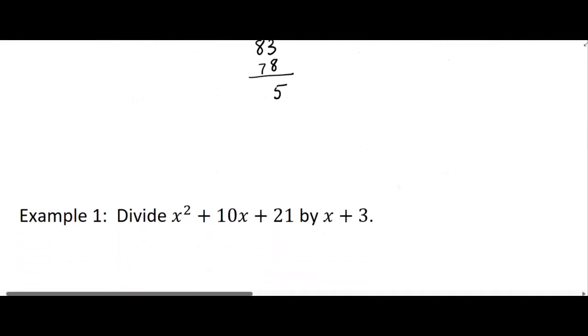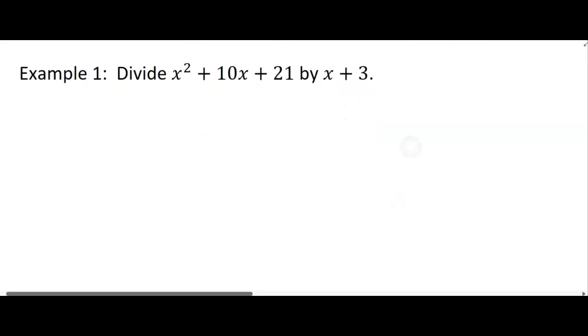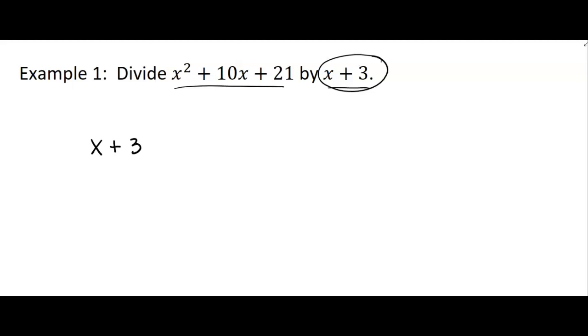Now we're going to try a similar thing with polynomials. It says divide this polynomial by this polynomial. This is your divisor, x plus 3, and we're going to divide it into the dividend, which is x squared plus 10x plus 21. Now, they're polynomials, so it's going to be a little bit different.